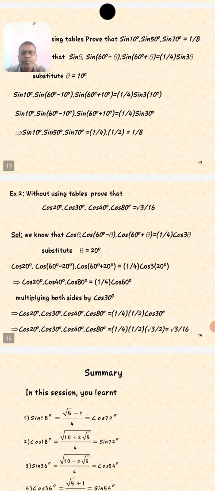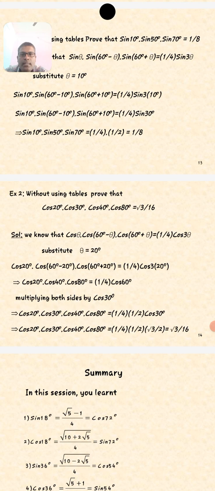Now we see the next problem. Without using tables, prove that cos 20 degrees into cos 30 degrees into cos 40 into cos 80 is equal to root 3 by 16. The same condition we have to apply.